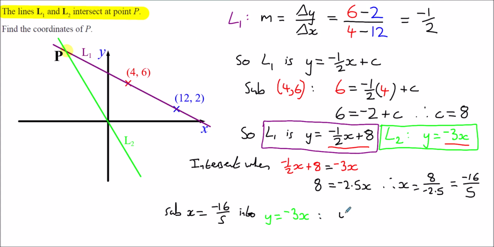So y equals minus 3 multiplied by minus 16 over 5. Minus multiplied by minus gives a positive, and that comes out at 48 over 5.